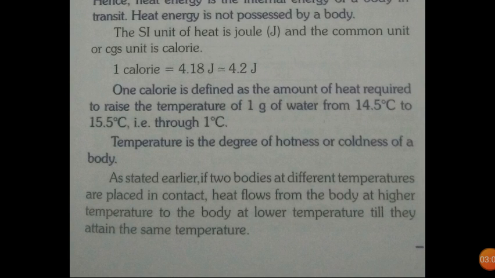So if we have 1 gram of water, to raise its temperature by 1 degree, from 14.5 to 15.5, so the difference here is 1 degree. How much amount of heat we need to raise the temperature of 1 gram of water by 1 degree Celsius, that is called 1 calorie.